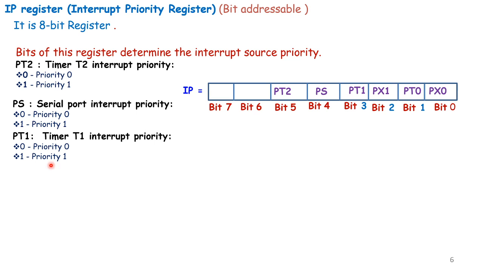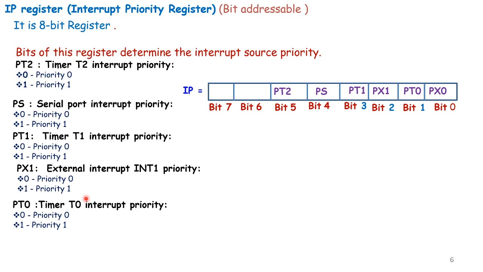Next, PT1 is the timer T1 interrupt priority. When this bit is equal to 0, priority 0 means not having priority, and when it is equal to 1, the highest priority is given to this bit. Then PX1 is the external interrupt INT1 priority bit. When PX1 is equal to 0, the priority is 0. When PX1 is equal to 1, the priority will be higher.